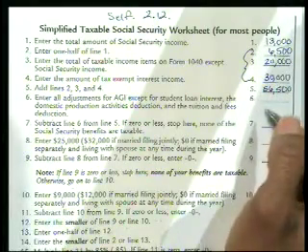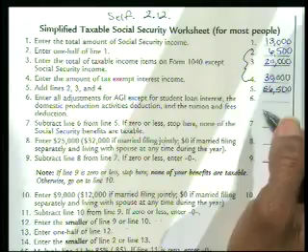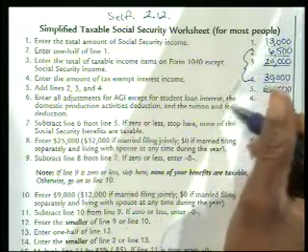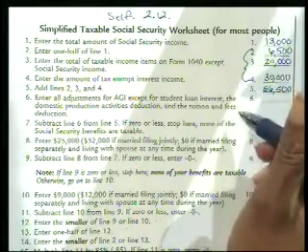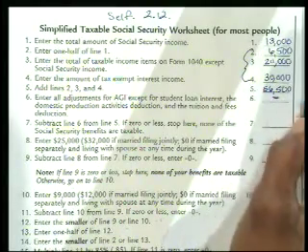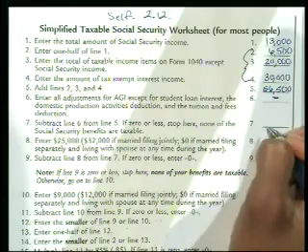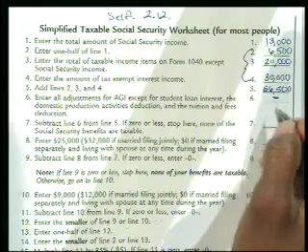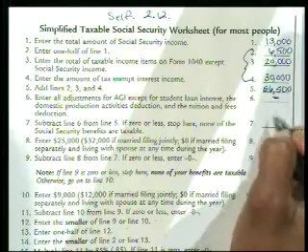Line 6, enter all adjustments to AGI except for student loans, and basically those are the other adjustments. We didn't have any of those. Then line 7 tells us to subtract line 6 from line 5. If 0 or less, stop here, and no Social Security benefits are taxable.